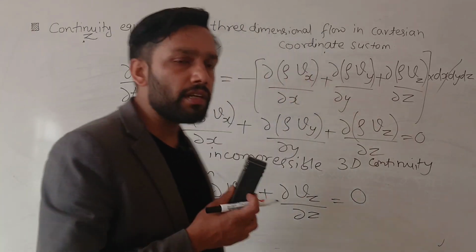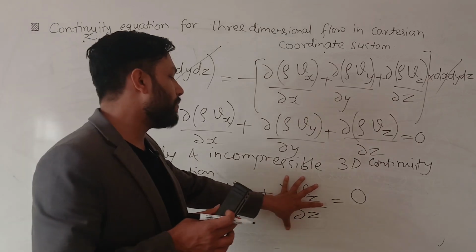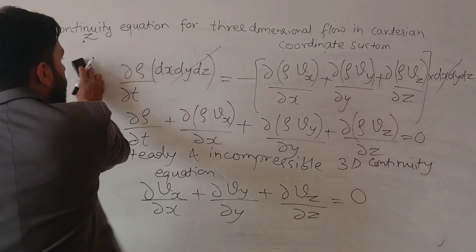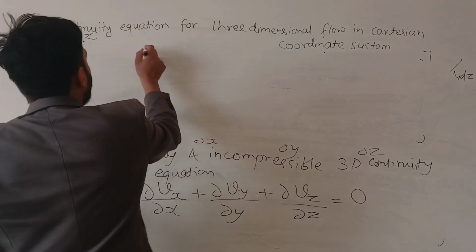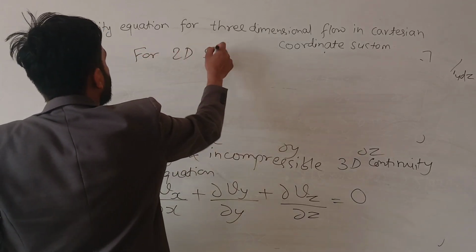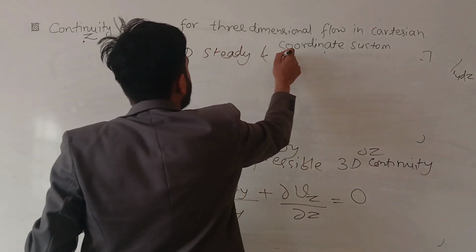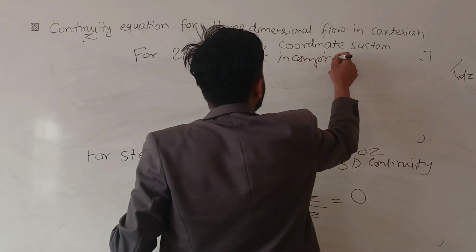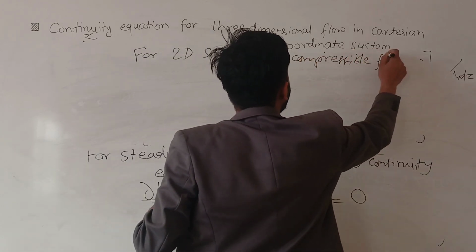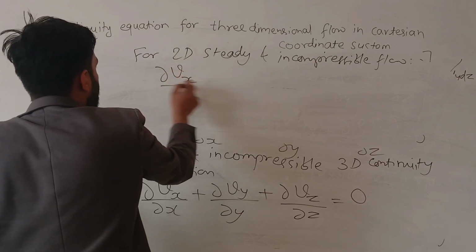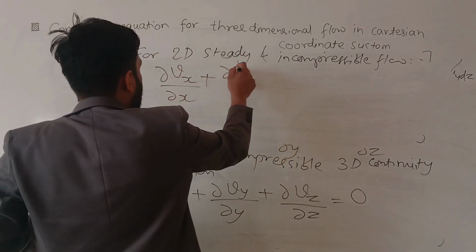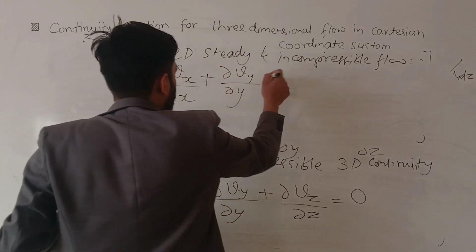Okay, so this is the three-dimensional flow. But for the two-dimensional flow, you can omit this parameter. You can write like this one. Okay. So for the two-dimensional steady and incompressible flow, it will be del Vx by del x plus del Vy by del y is equal to 0.